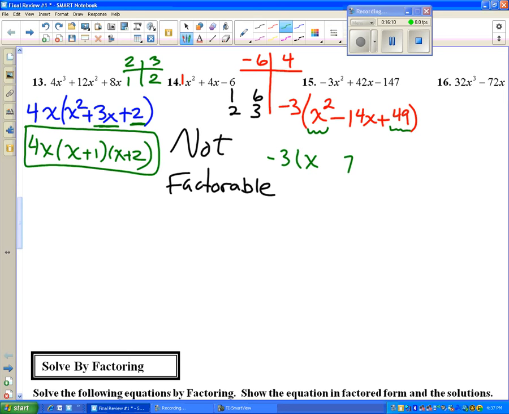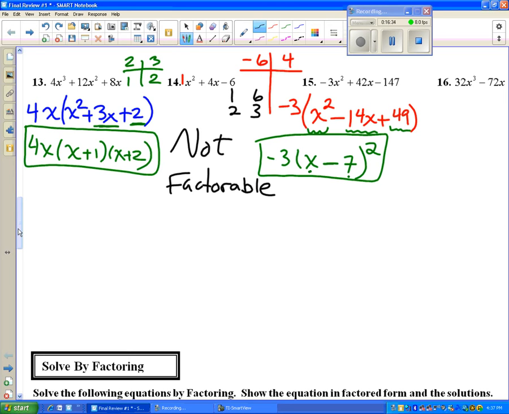Yes. What? 7. If I multiply these, x times 7 is 7x. I double it, I get 14x. So if I make this negative, x minus 7 squared is my final answer. So that is my final answer with a negative 3 in front.